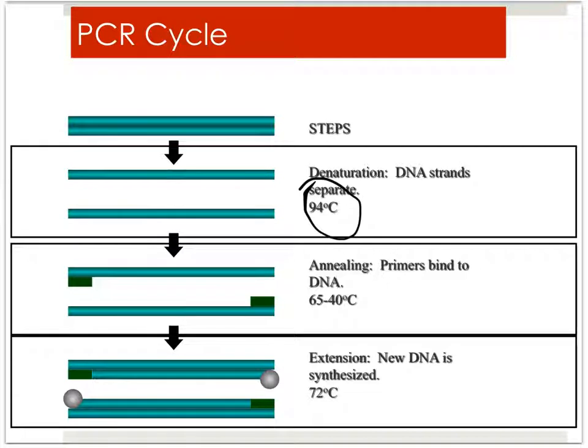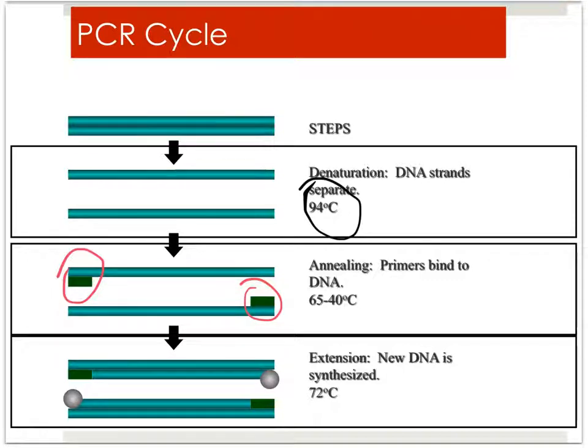You are looking at a specific gene, so you develop a short oligo sequence, called primers, that complement your gene. So annealing is attaching your primers. What you see here in black is your primers annealed to each of the strands.